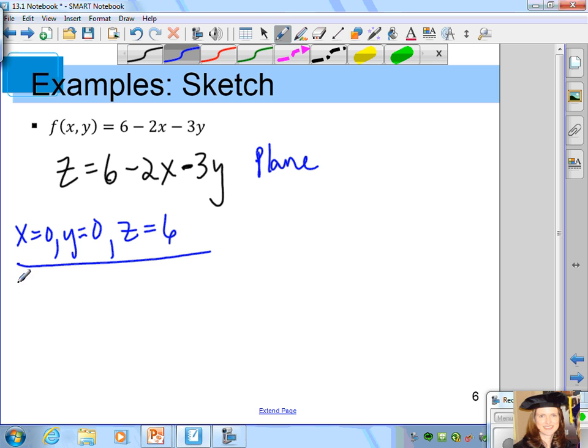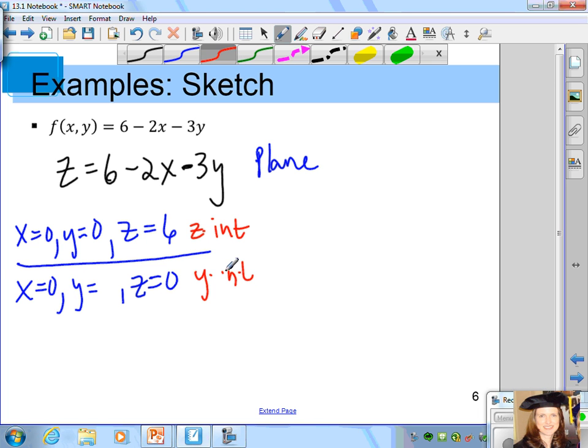If you let x equal 0 and let z equal 0, you can solve for the y-intercept. And this is your z-intercept. We can find the y-intercept, and then we'll find the x-intercept.